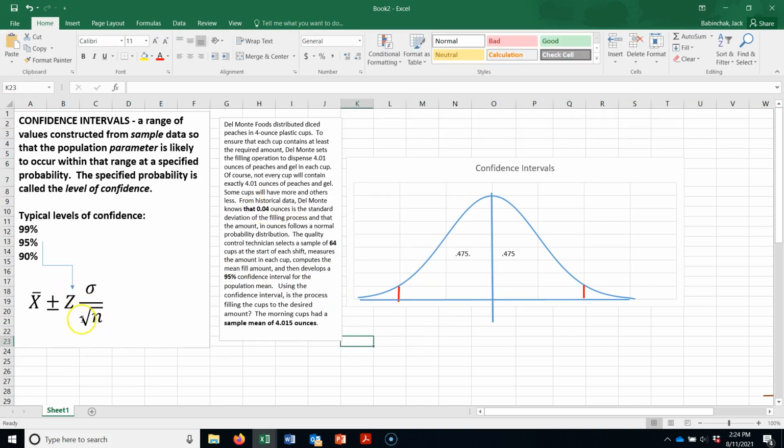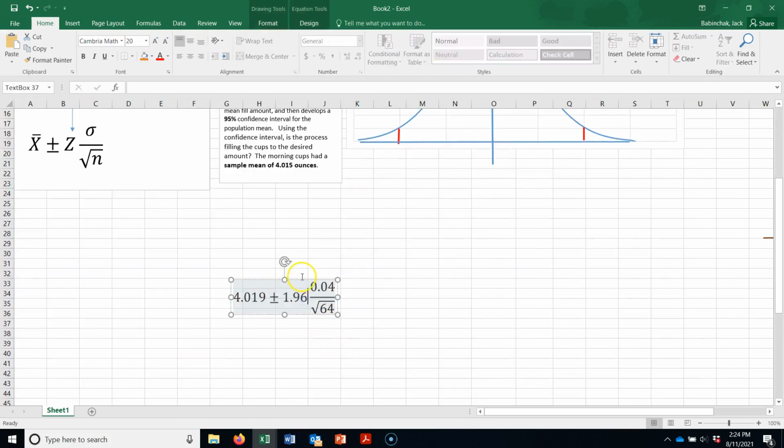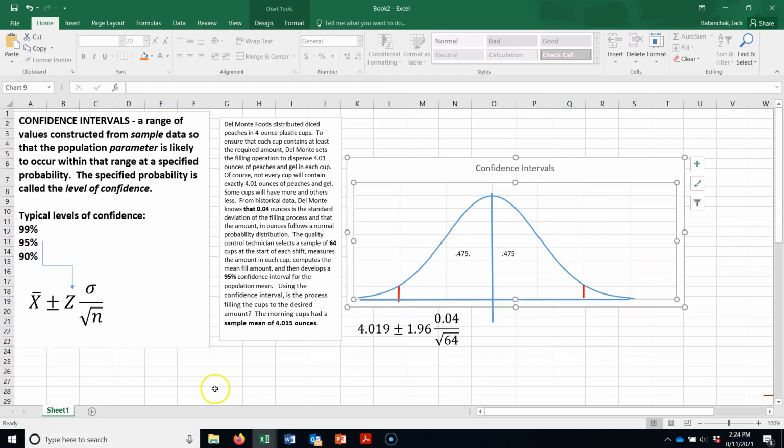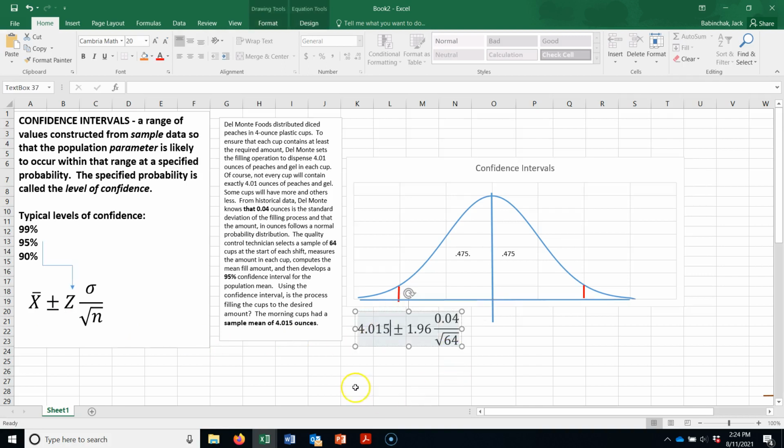And again, I would go ahead and put all those in because this is the actual formula here that we're filling in. So our sample mean is, I think I filled that in wrong. It's 4.015, sorry. 4.015 ounces is our X bar, our sample mean.